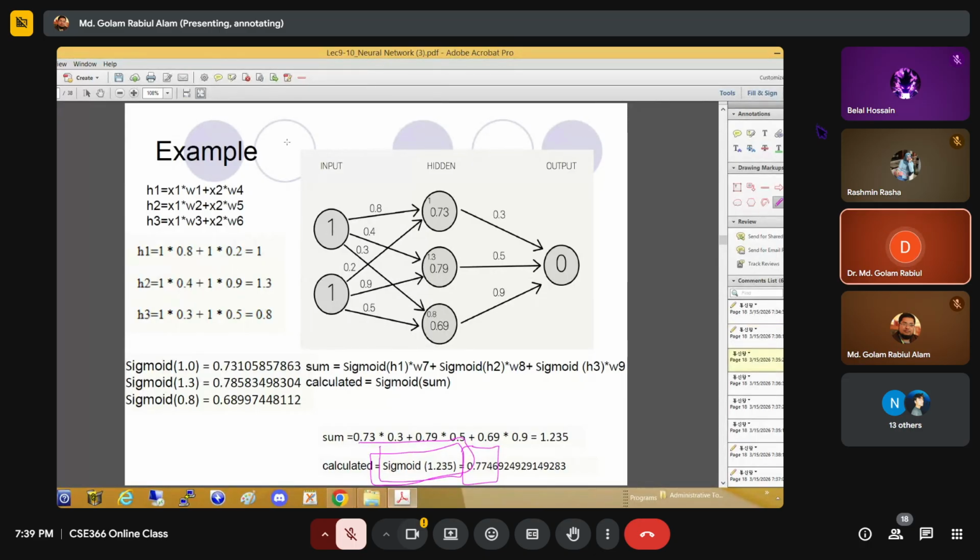So if we want to calculate the derivative of the sigmoid of the sum, it will be the sigmoid of the sum times 1 minus sigmoid of the sum.